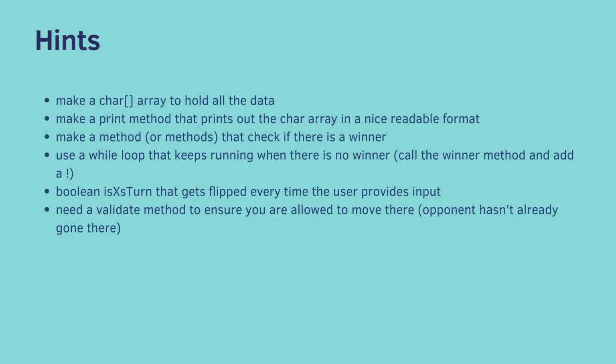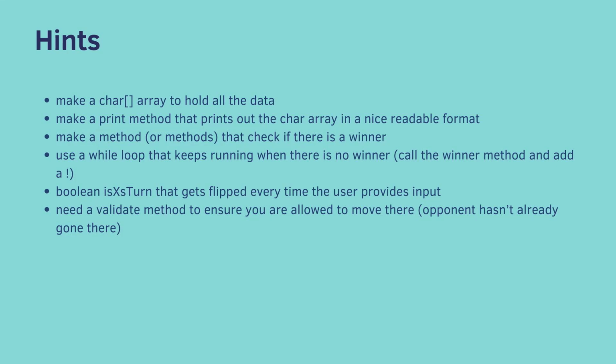Okay, here are some hints. First, you should make a char array to hold all of the data. You should make a print method that prints out the char array in a nice readable format. You should make a method or methods that check to see if there is a winner. You should use a while loop that keeps running when there is no winner, meaning you call the winner method and add a not operator, so when there is not a winner, keep running.